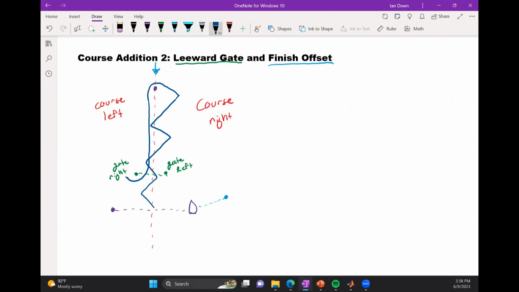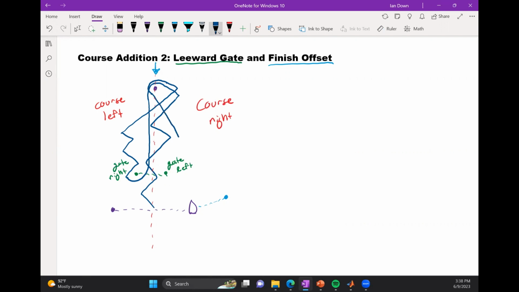And after I round gate right, then I continue my way upwind again, all the way to the windward mark. I round the windward mark for a second time, again on the port side of the boat. And now I am going to head to the finish line, which is made by this finish offset.